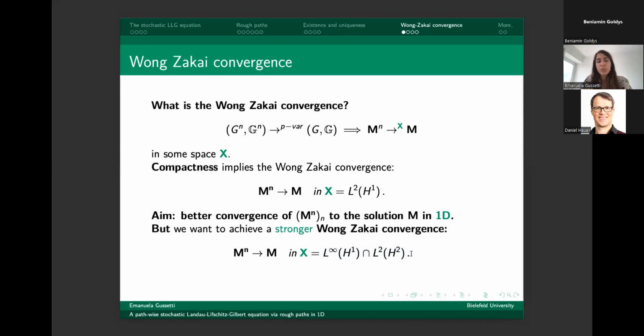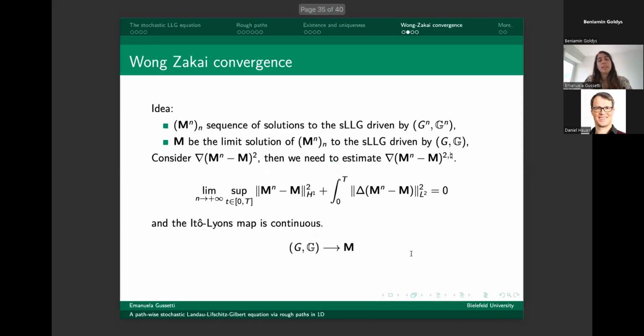To do this, we employ again the pathwise approach that we have employed in existence and uniqueness. We take the sequence of solutions M^n, again driven by the approximated noise, and M is the limit equation that we have found with existence.